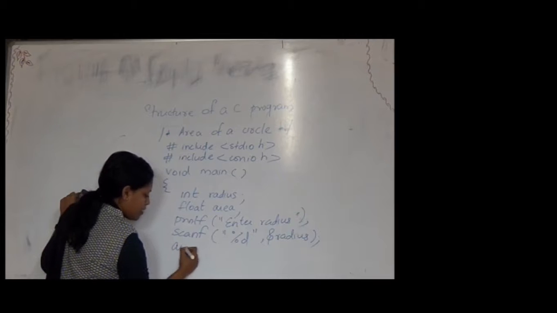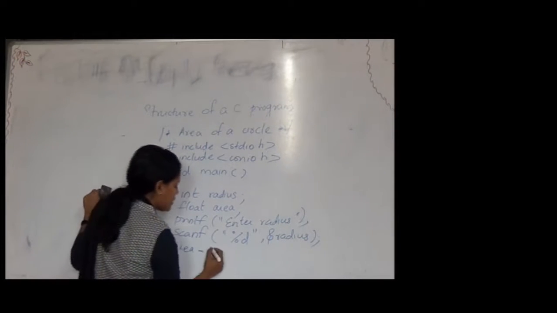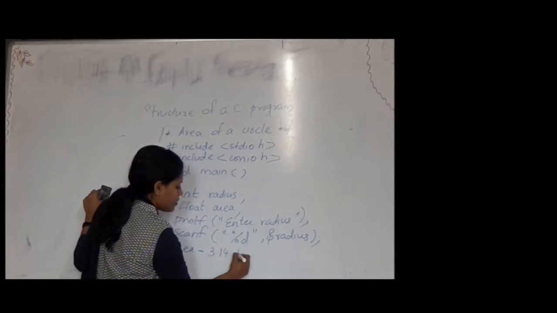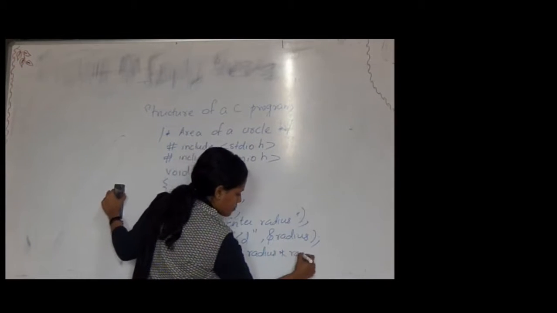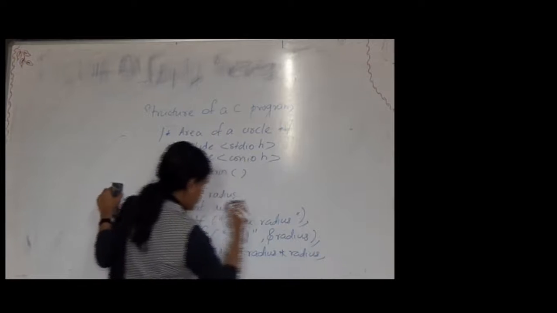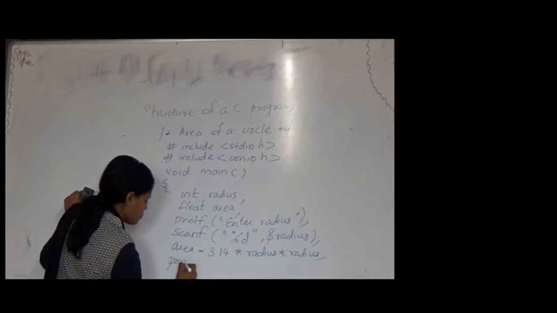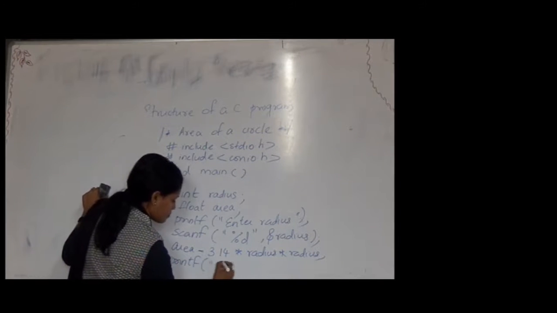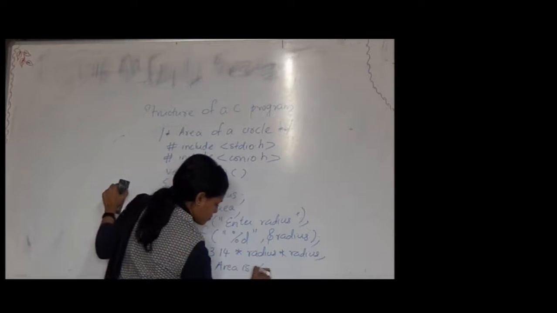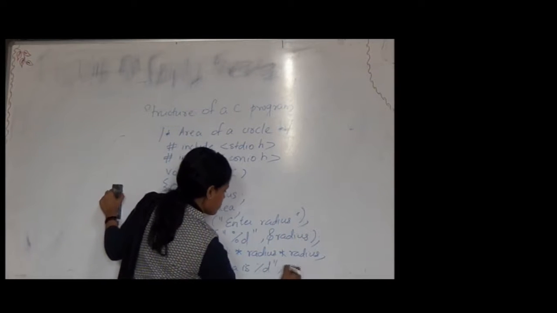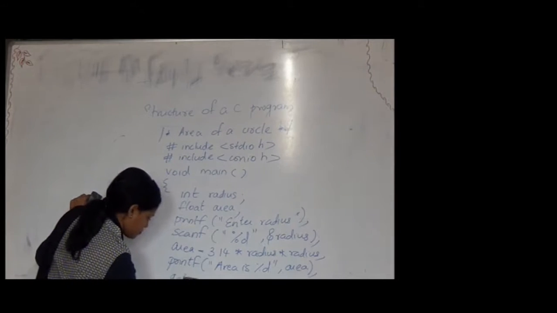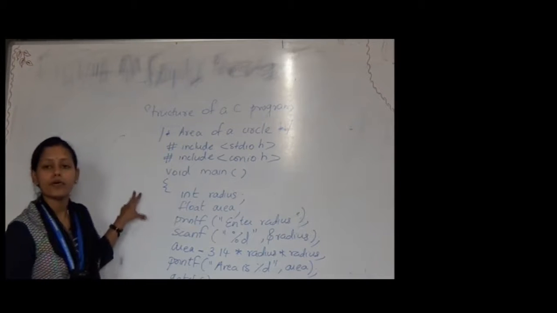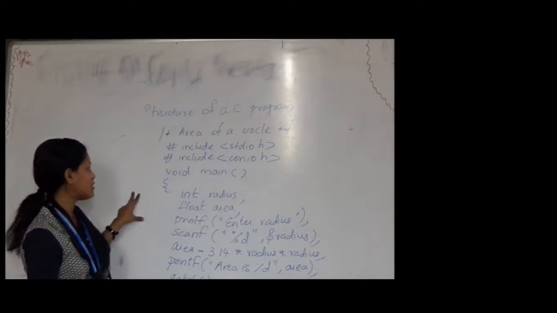Then we have the expression for finding the area of a circle. So this is our C program for finding the area of a circle.